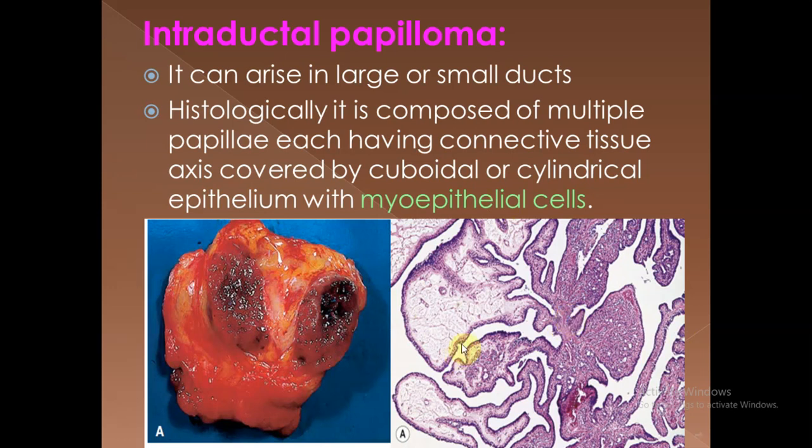So in intraductal papilloma we have a proliferation of papillary structures lined by benign epithelial cells and myoepithelial cells. This is grossly a ductal papilloma showing an area of hemorrhage.